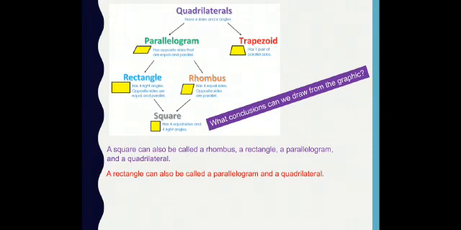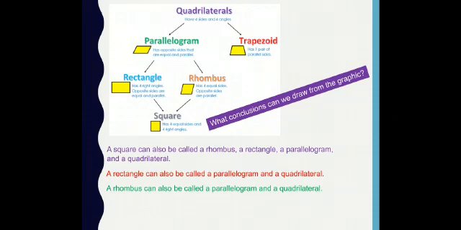Next point. A rectangle can also be called a parallelogram and a quadrilateral. Obviously, a rectangle is a parallelogram because both pairs of opposite sides are equal and parallel, and it is a quadrilateral because it is a four-sided figure. Next point.